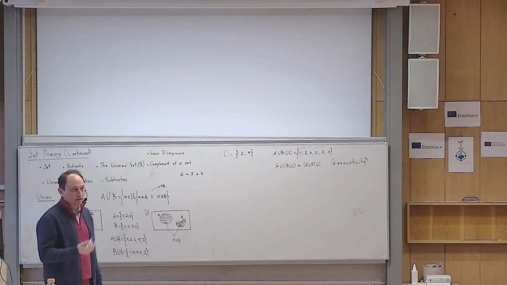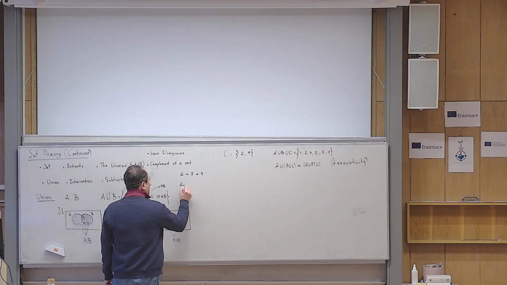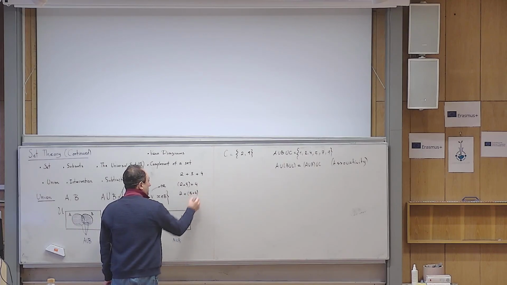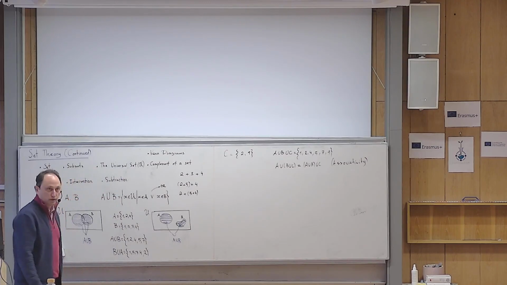The reason is that this operation is associative, meaning that grouping them does not matter. If you do them in that way or in that way, the answers will be the same. This is why you really don't ask in which order I have to do it, because it doesn't matter.